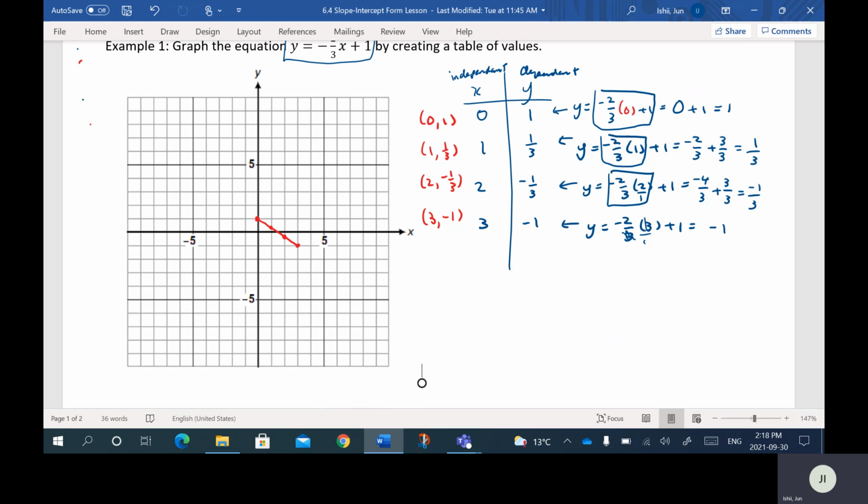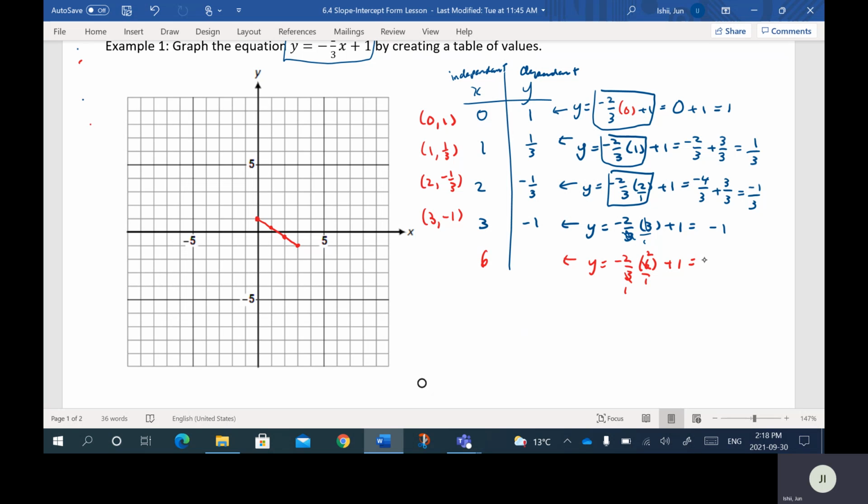And if I was to continue the table of values, for instance, let's say we jump ahead to 6. So if I plugged in 6, the 6 and the 3 reduce to 1 and 2.